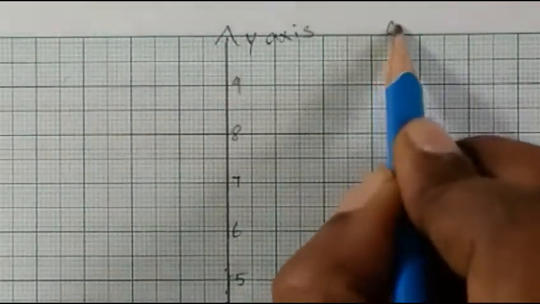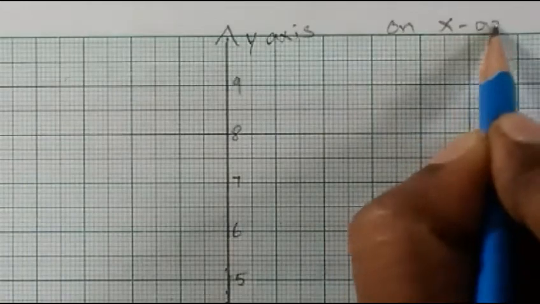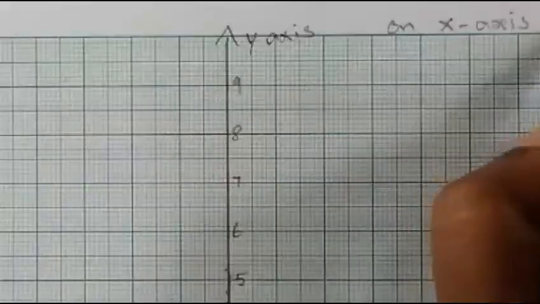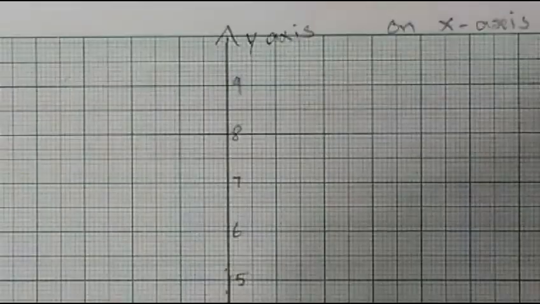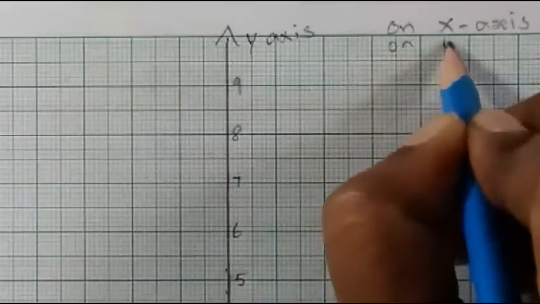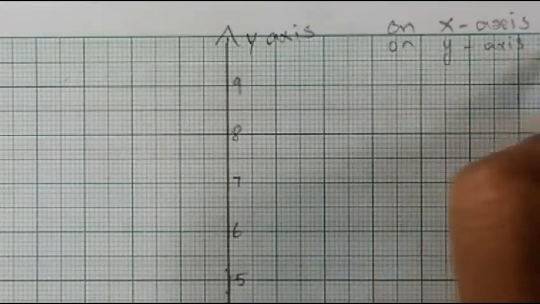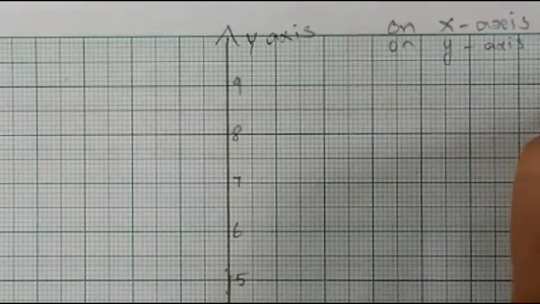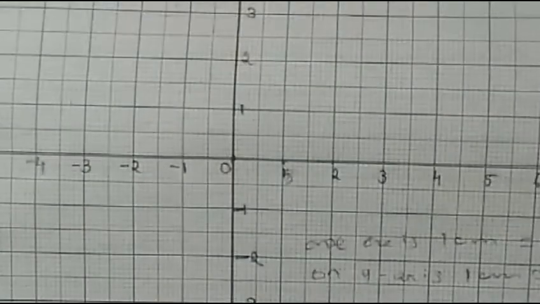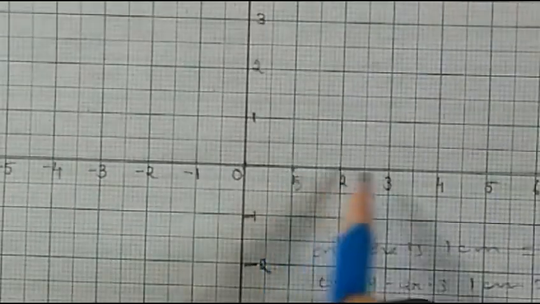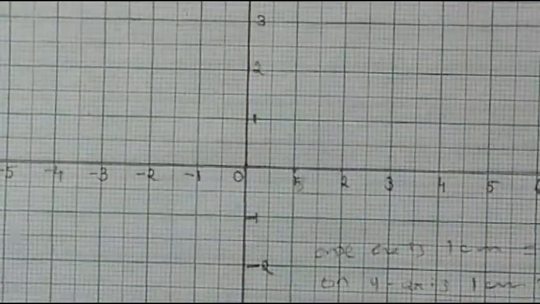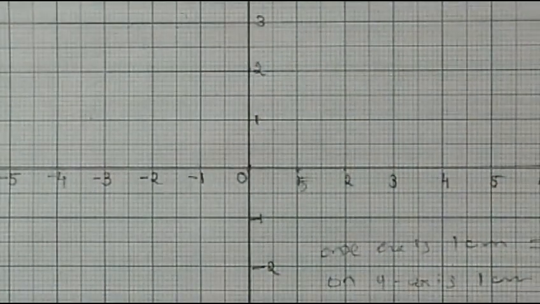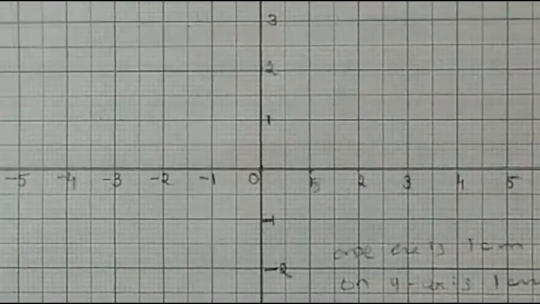Here we write on x-axis 1 centimeter equal to 1 unit, and on y-axis 1 centimeter equal to 1 unit, because I have taken only 1 unit. If you see, each box is 1, 2, 3. Here also 1, 2, 3. So that is very important. So this I will rub out now.